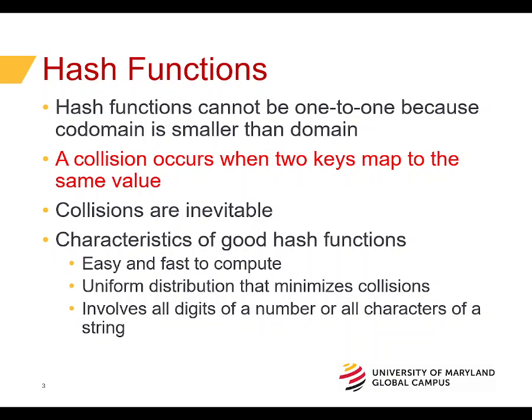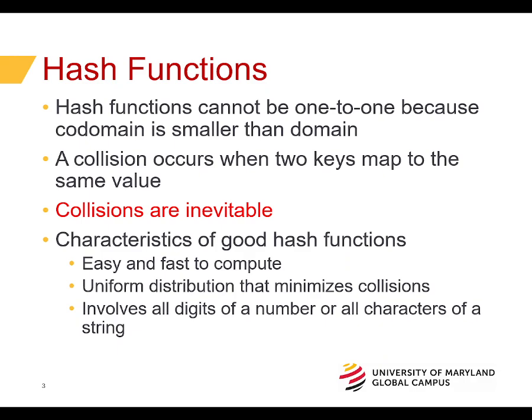In the terminology of hash tables, we say that a collision occurs when 2 keys map to the same value. In our previous example, in our class of 30 students, it is possible that 2 students would have social security numbers that ended in the same last 2 digits.